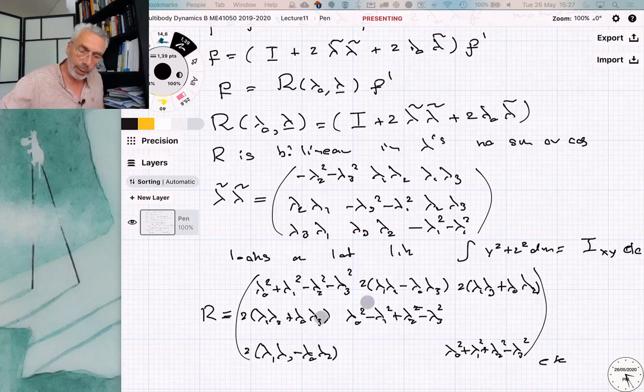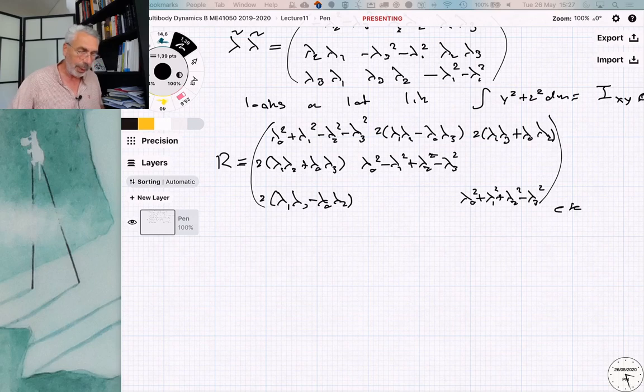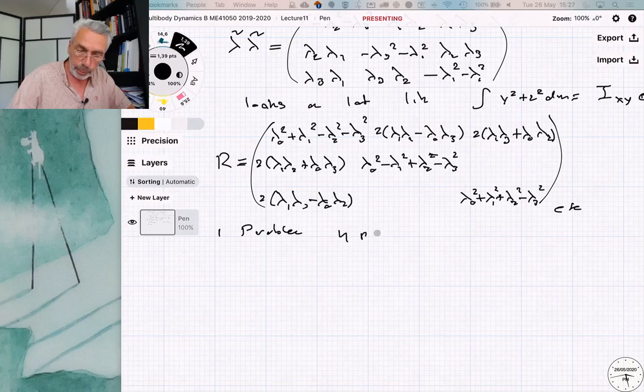And what is the disadvantage? Well, finally, of course, we have to write down what the expressions are for the angular speeds. And if we do that, then it turns out that we have no singularities. Now, there's of course one problem. We have 4 parameters, and we only need 3.